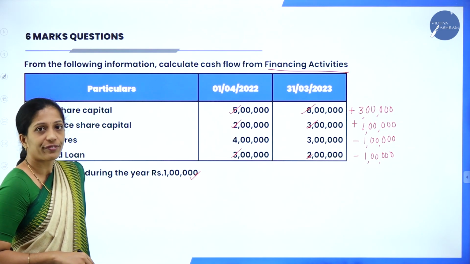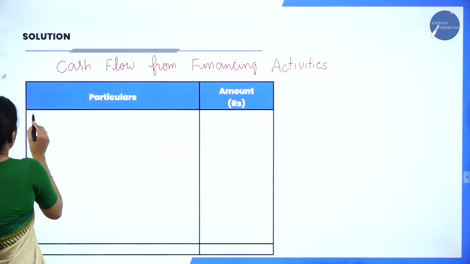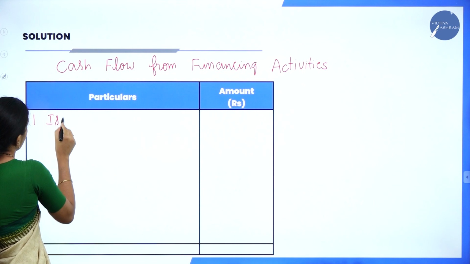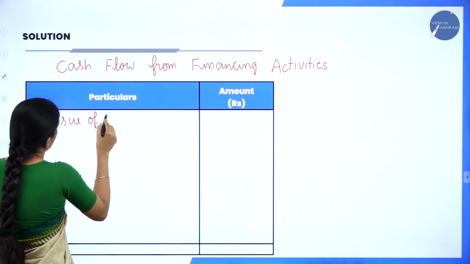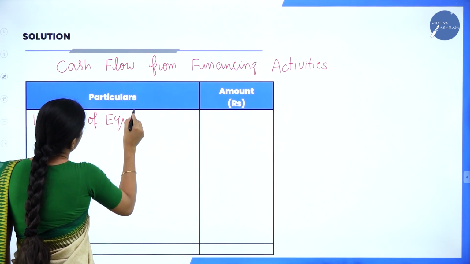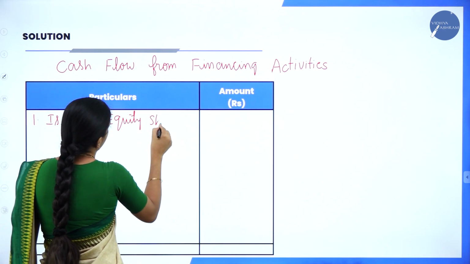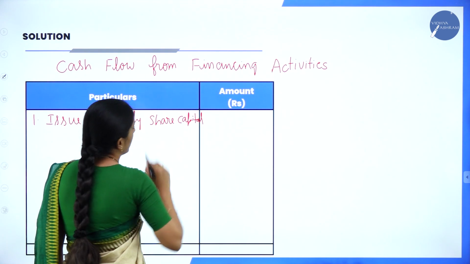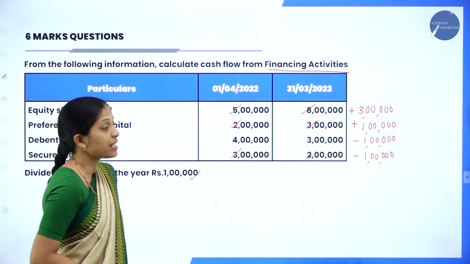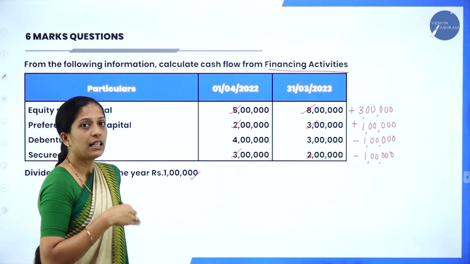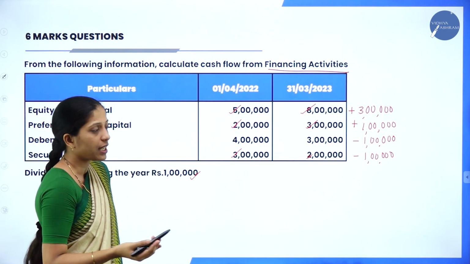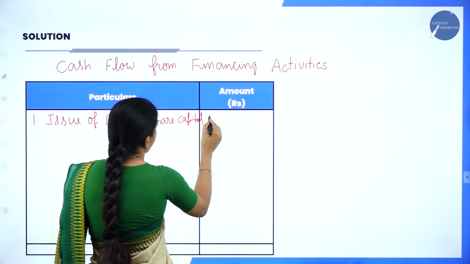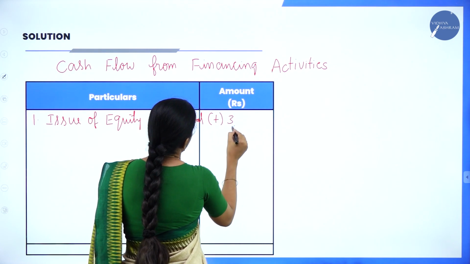So issue of equity share capital. So how much? Plus 3 lakh. Earlier it was 5 lakh. Now in 2023 it has increased. So plus 3 lakh.